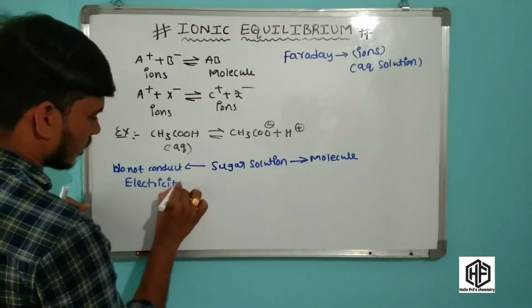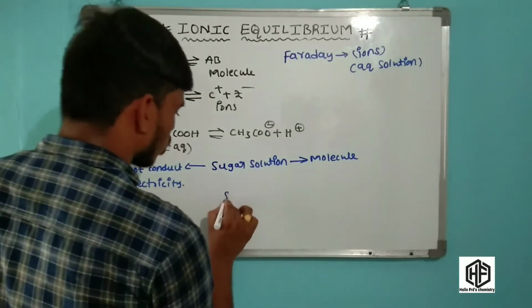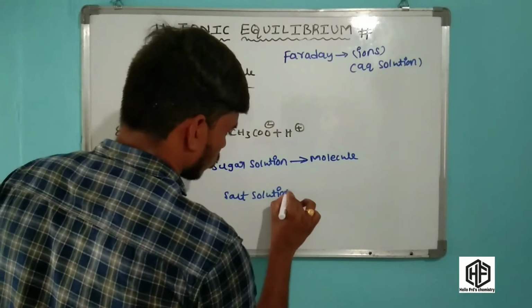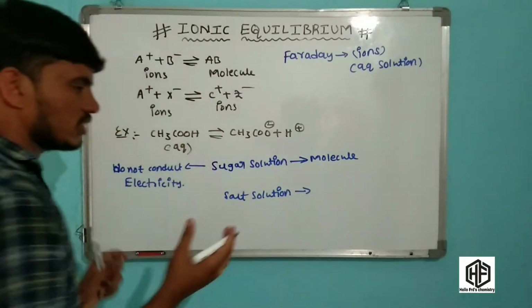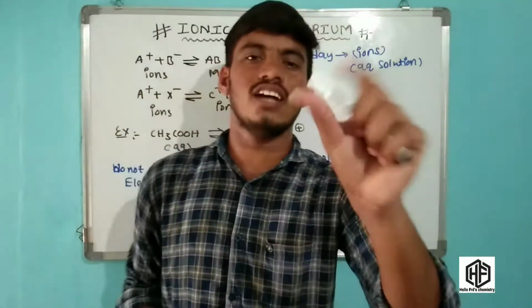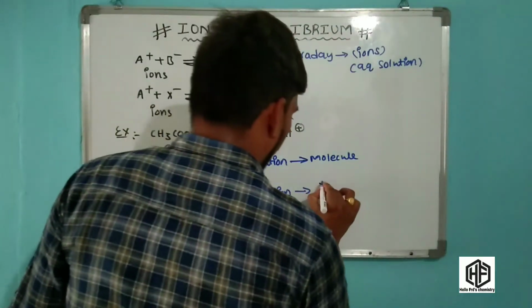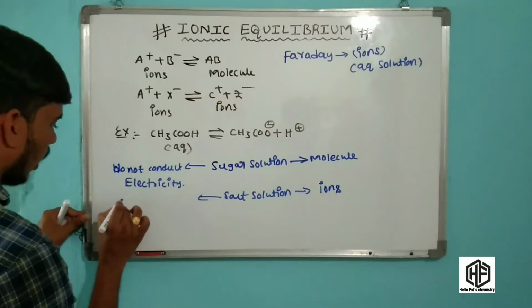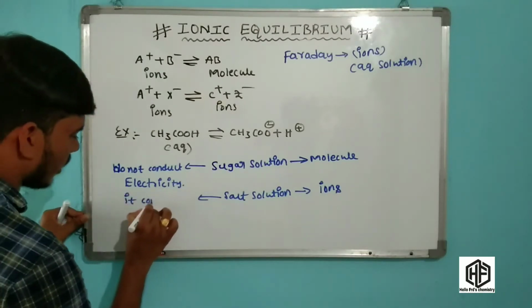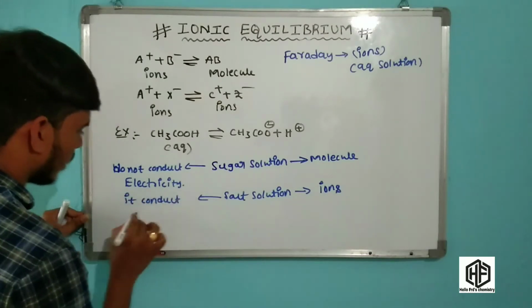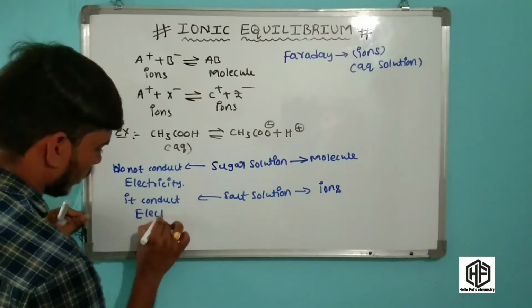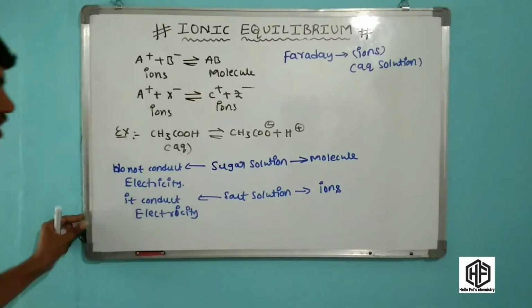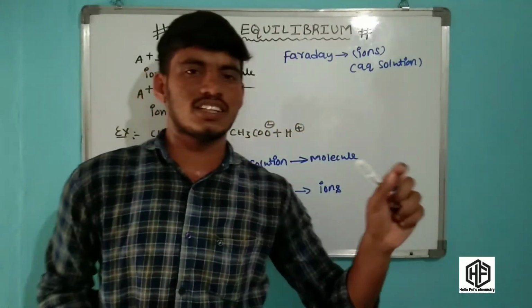Electricity is not conducted in sugar solutions. And salt solution, friends, what is present in salt solution? Ions are present in salt solution. So it conducts electricity in salt solution.